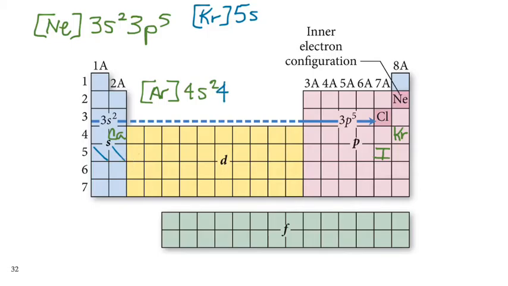So 4d, and we're going across here: 1, 2, 3, 4, 5, 6, 7, 8, 9, 10. So 4d10. You don't even really have to remember how many electrons can fit in the D sublevel, because you can just count the columns in the periodic table.